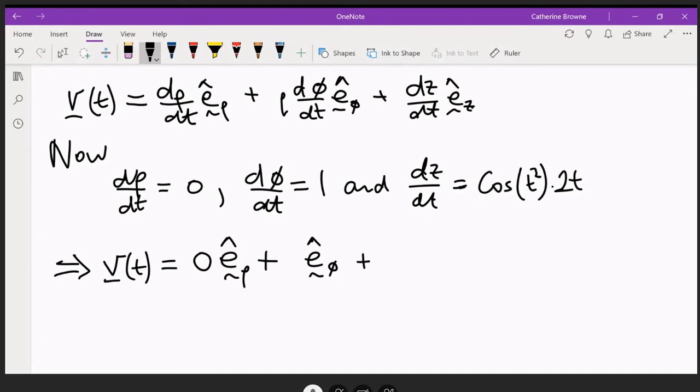And then dz dt was this 2t cos t squared in the z direction.